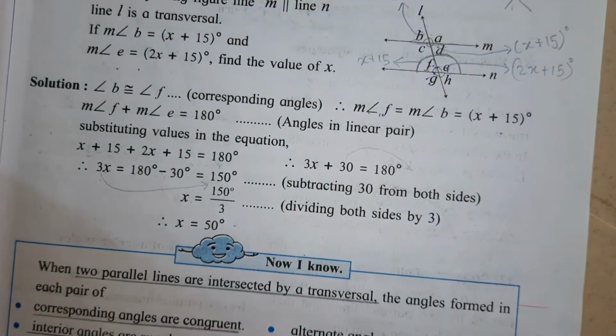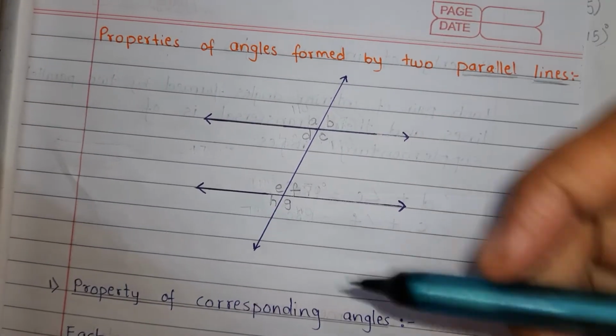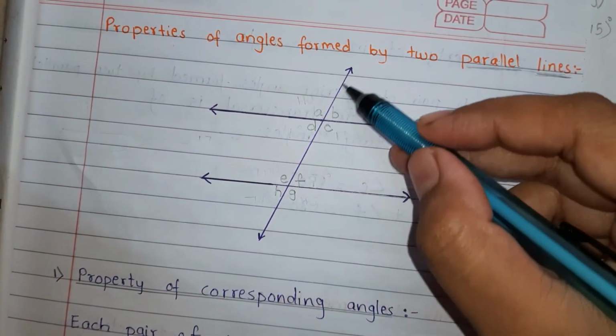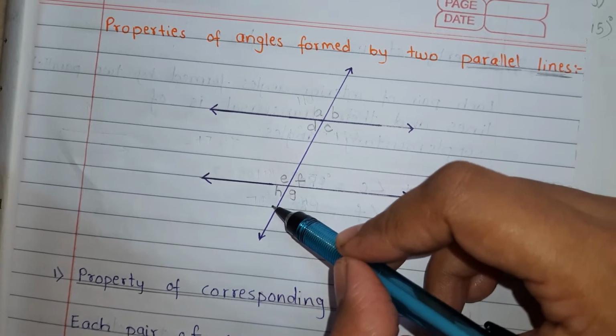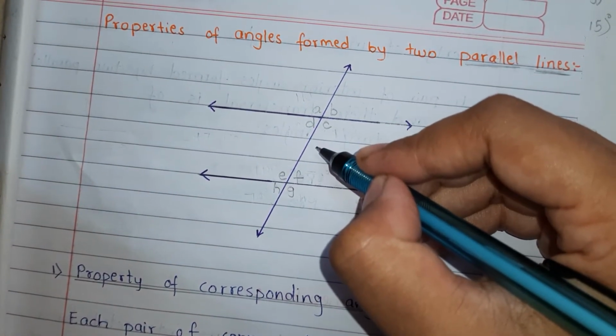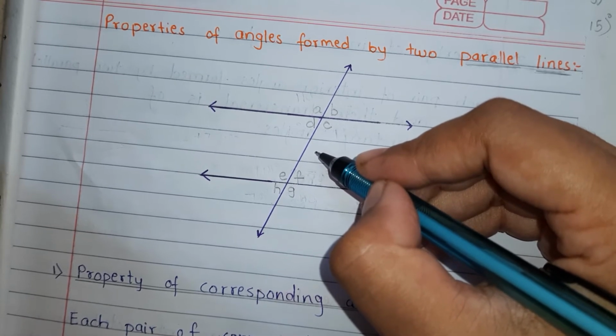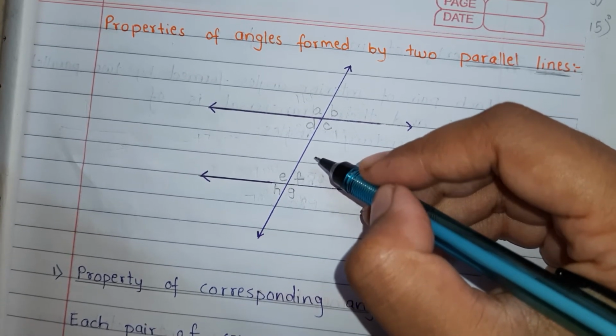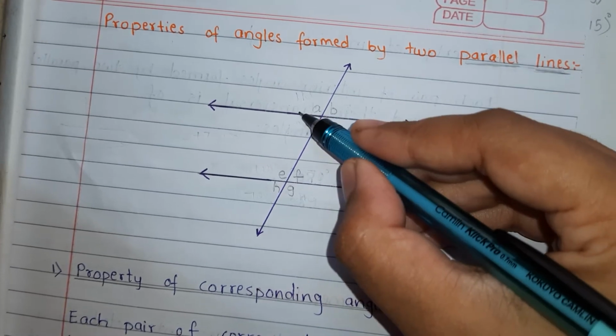In the previous topic only I told you that when two parallel lines are there and one transversal is there, there are 8 angles. From these 8 angles, 4 angles are obtuse and 4 angles are acute. Which are the obtuse angles?